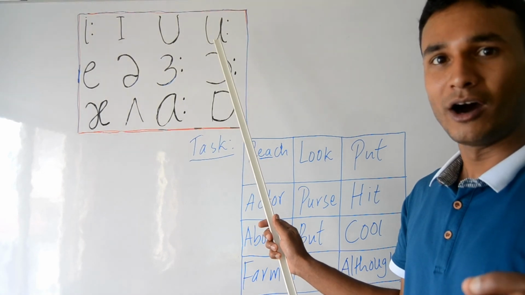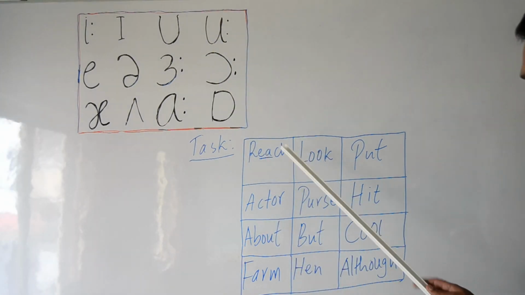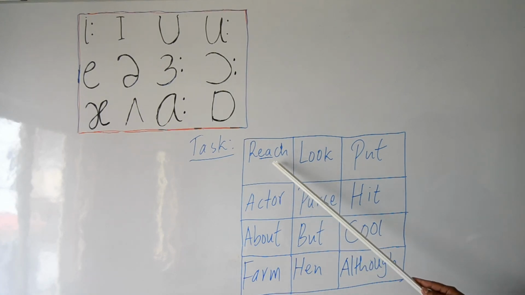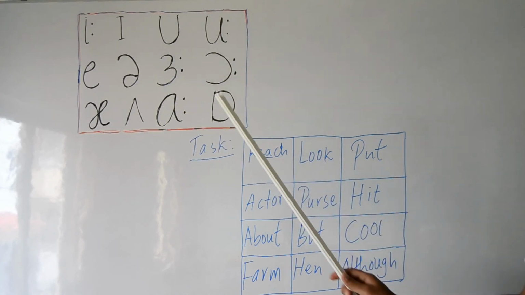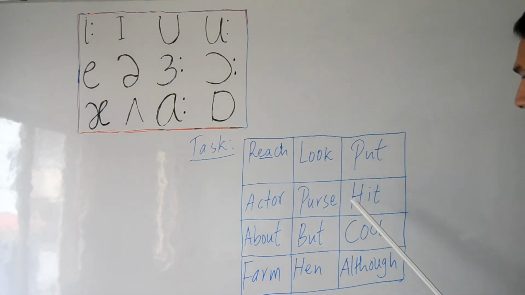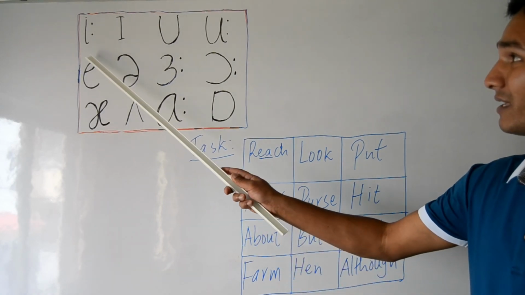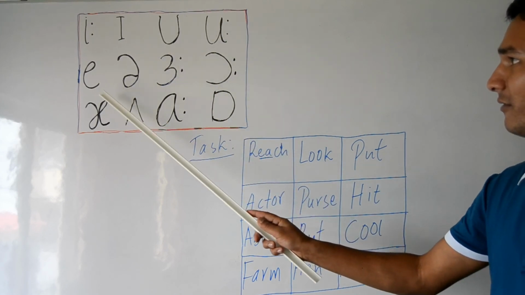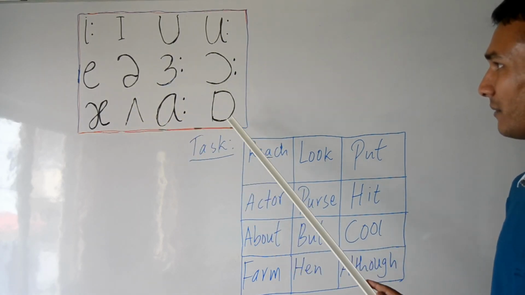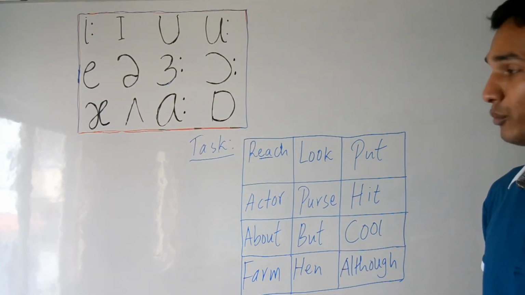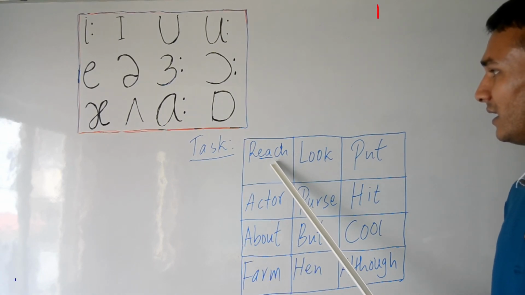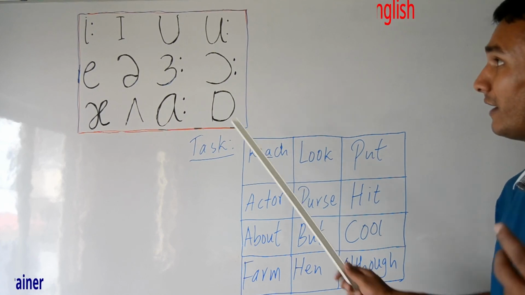Now it's your turn. There are 12 words here and each word contains one of these sounds. I will produce all of them, one by one, and you have to write the symbol or symbol number. You can give number 1, 2, 3, up to 12 to each sound.